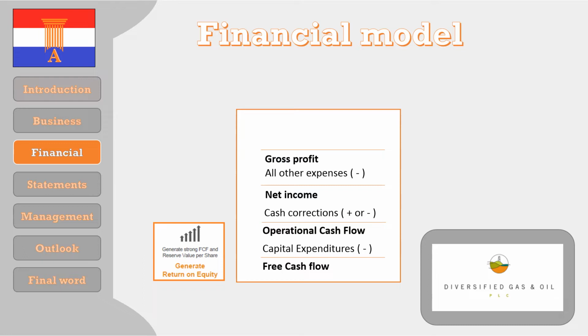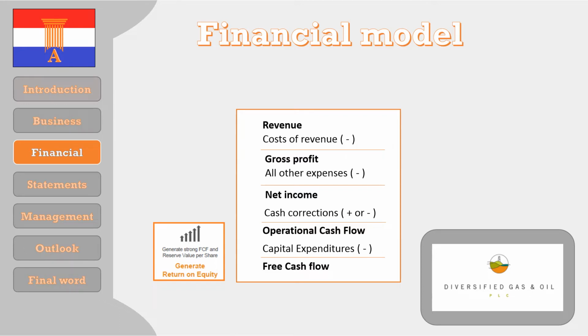And you probably know how to calculate the net income, that is the gross profit minus all other expenses. And to calculate gross profit, you basically just take the revenue and you take the cost of revenue off that. So that's basically it.